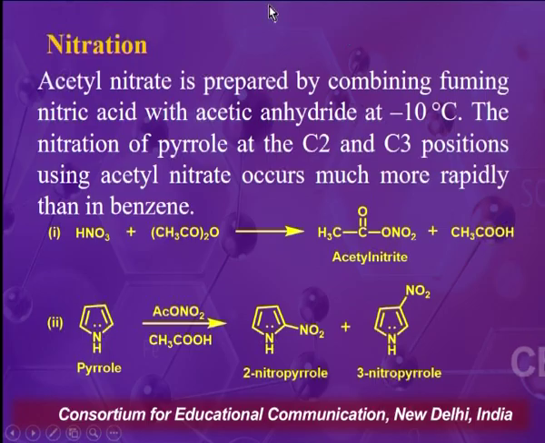Acetyl nitrate is synthesized by reaction between nitric acid and acetic anhydride at -10 degrees Celsius. It produces acetyl nitrate as the product, along with acetic acid. Further, in the second step, this acetyl nitrate reacts with pyrrole to produce 2-nitropyrrole and 3-nitropyrrole as a mixture of products.